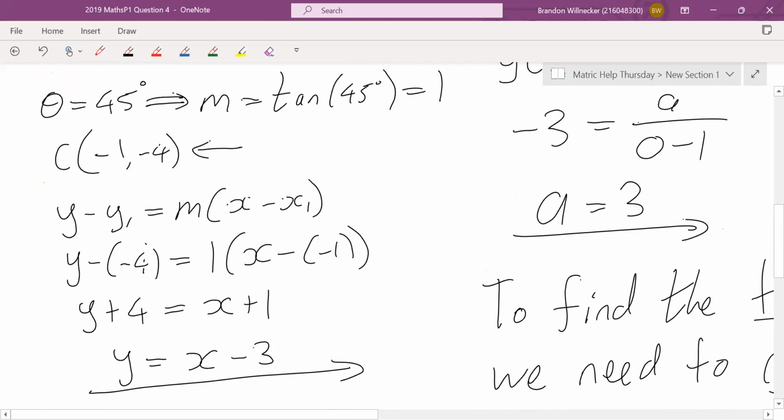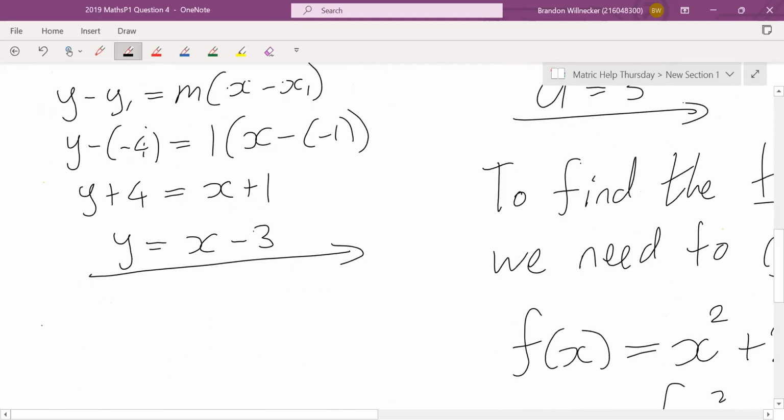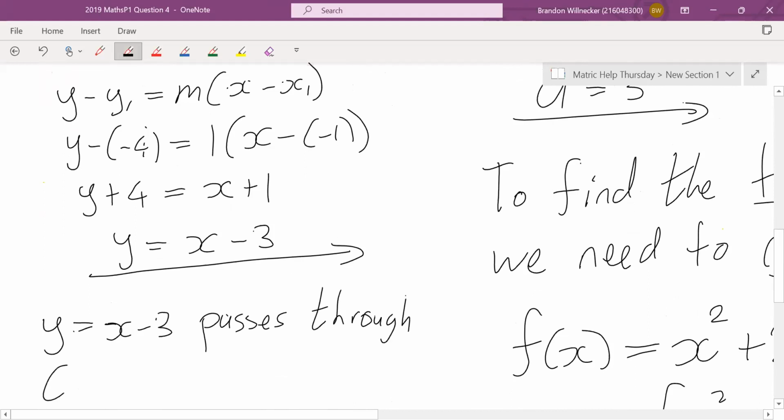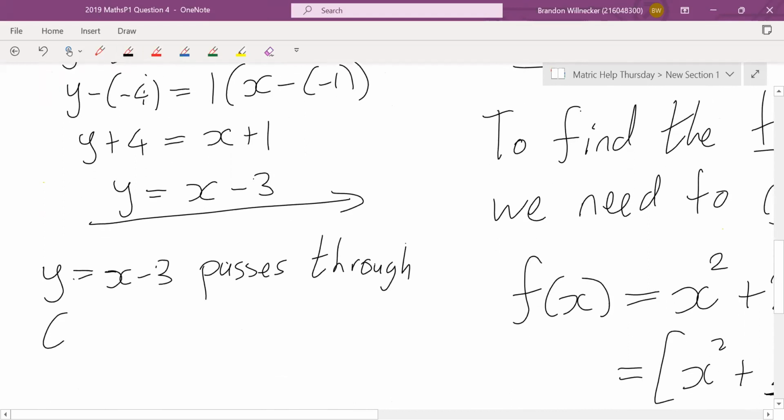So a little bit of substitution. We can see that y equals x minus 3, our straight line, passes through C. We know that because that was given in the question.